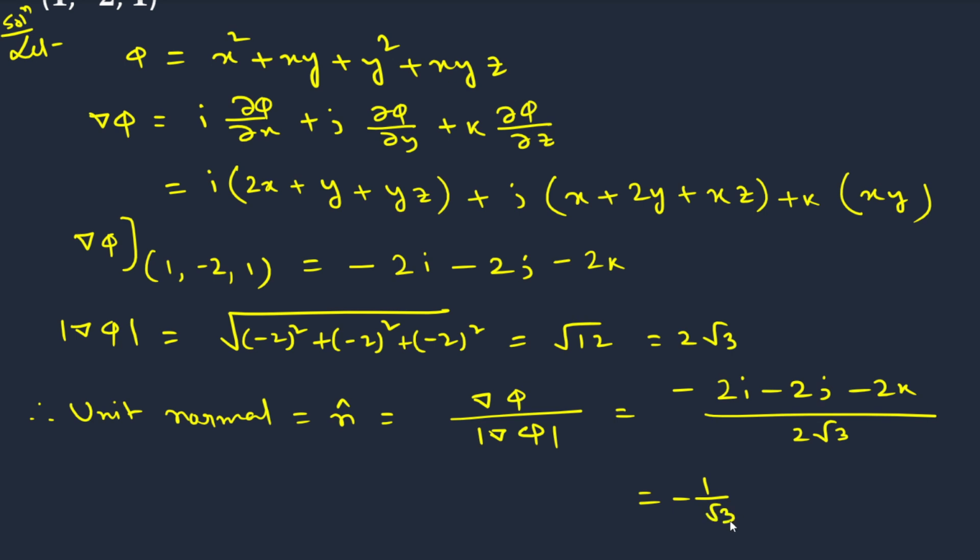So minus 1 by root 3 is common. i cap plus j cap plus what? k cap. i j k. So you can omit the cap. Okay, so this is the answer. So this problem is also very simple.